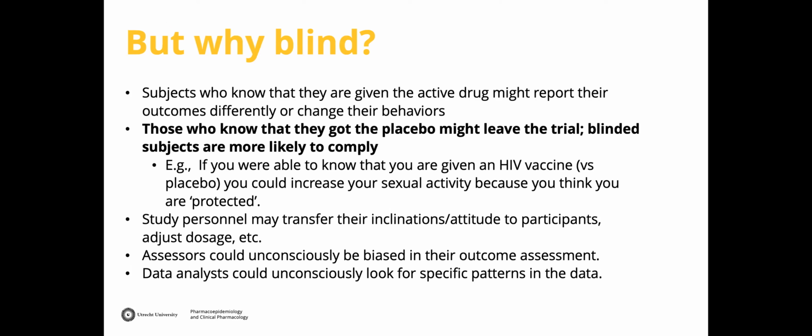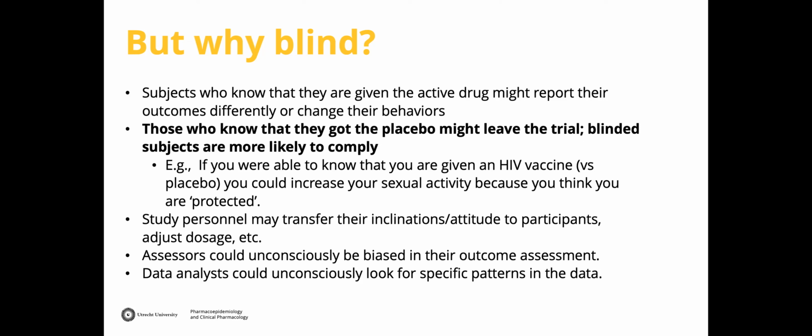So why do we blind in the first place? We know that subjects that are given the active drug might report their outcomes differently or change their behaviors if they know that that's the group that they're in. Similarly, those who know that they got the placebo might leave the trial, and blinded subjects are more likely to comply.